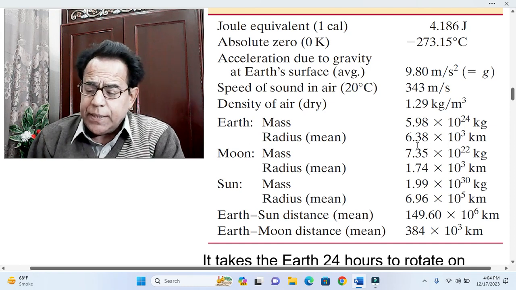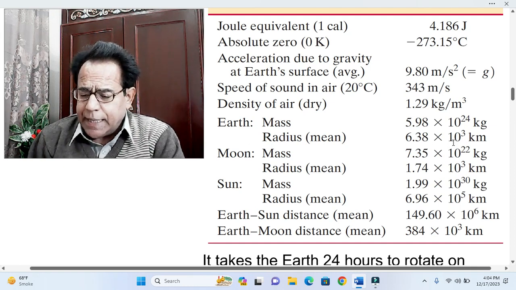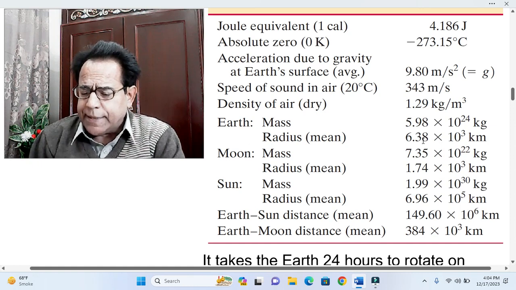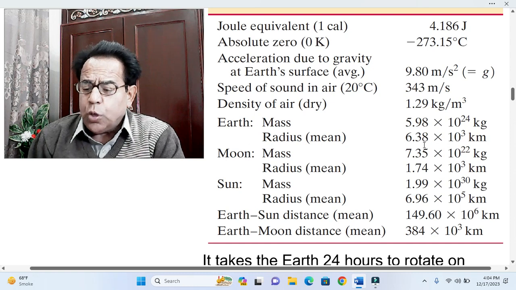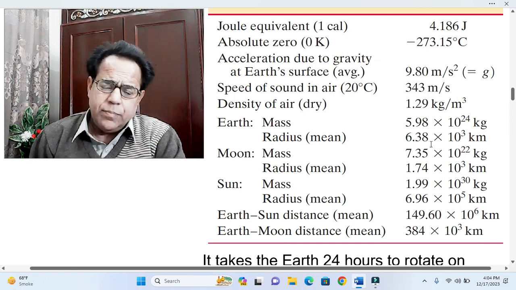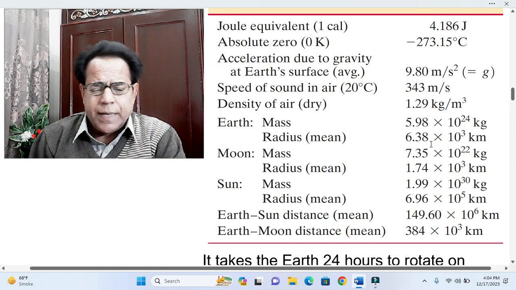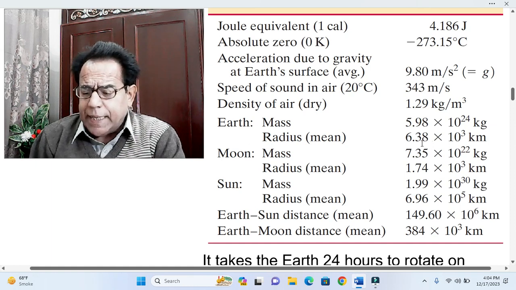Dear students, when we multiply it with 10 raised to the power 3, it becomes 6380. 6380 or 6400 are the same, because here the digit after 3 is greater than 5, so we will round this figure, that is 3, as 4.